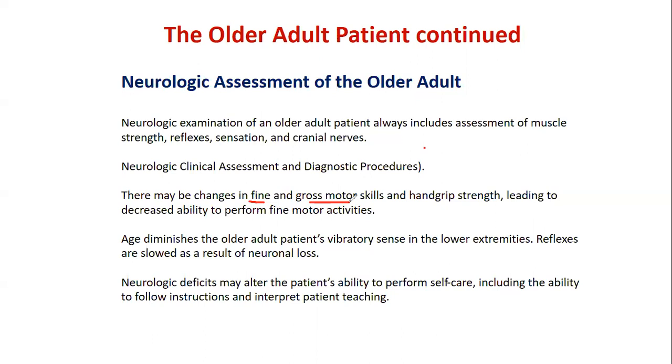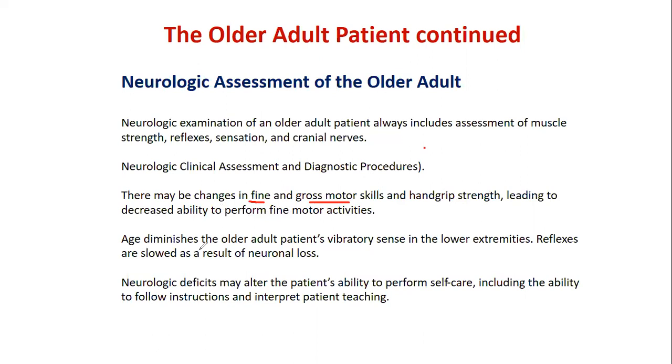But if I throw a ball, it is gross motor work. If I want to change the position of a chair or table, I need gross motor muscle. Interaction, skill, and also some strength, hand grip strength, lead to decreasing ability to perform fine motor activities.